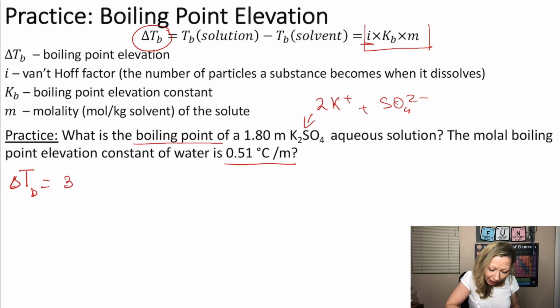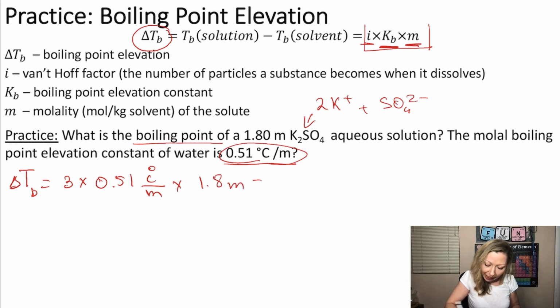So 3 multiplied by K_b, which is our constant right here, 0.51 °C/m, multiplied by the molality, which is 1.8 m. Okay, if you do this calculation, you are going to get 2.75 degrees Celsius as the molalities cancel out.